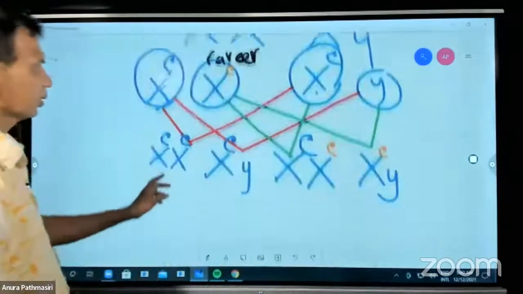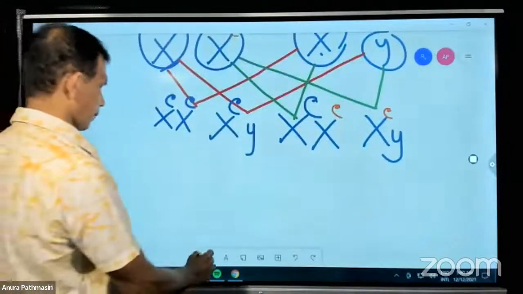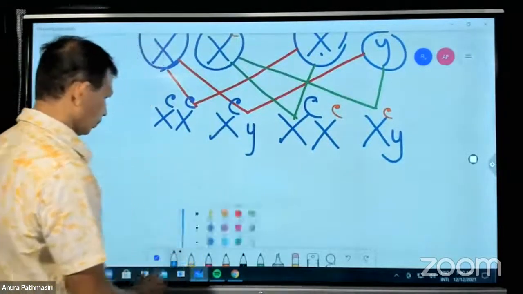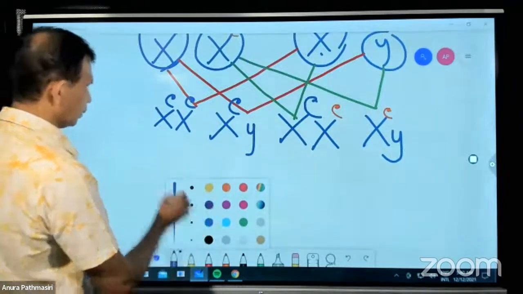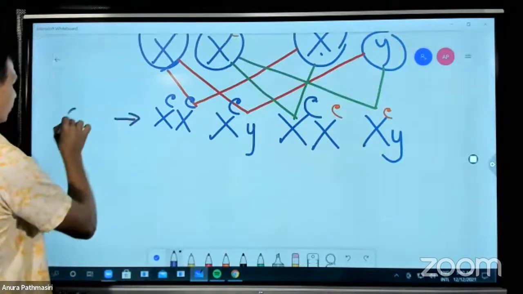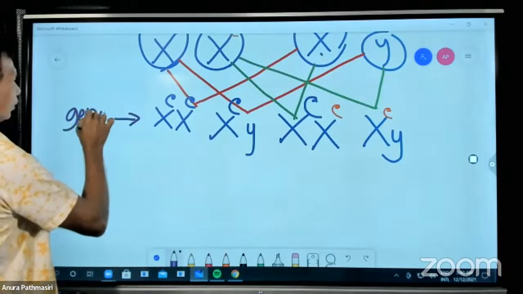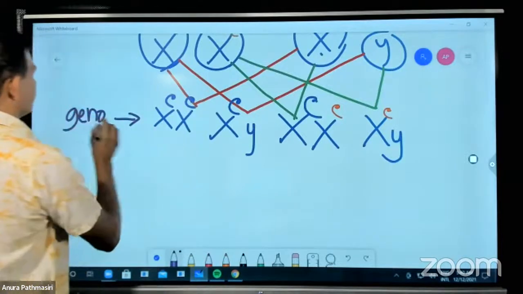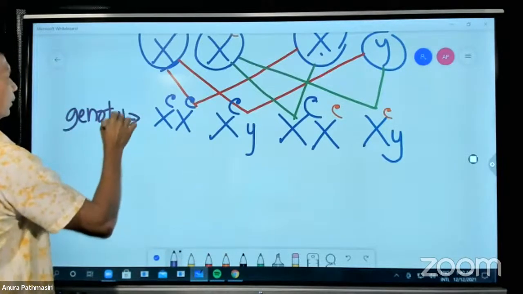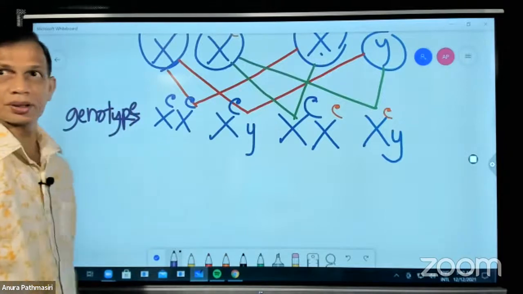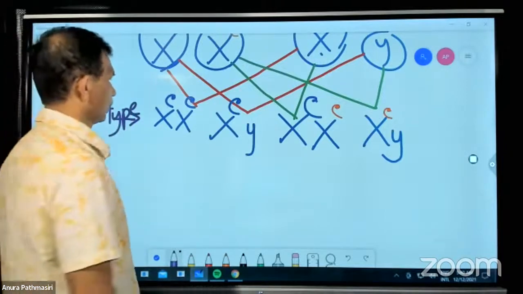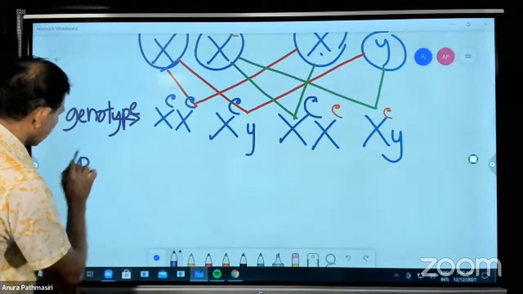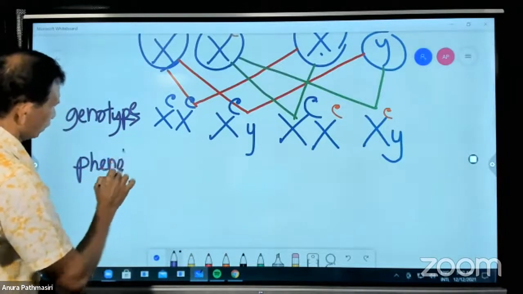Now let's consider the result. This is what we call genotype. And I'm going to show you the phenotype.